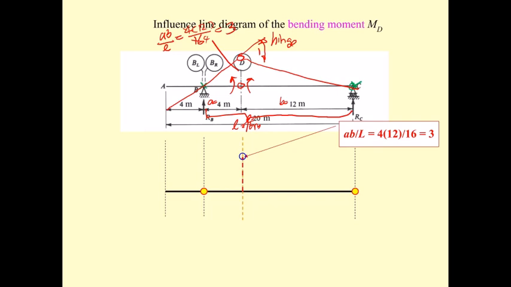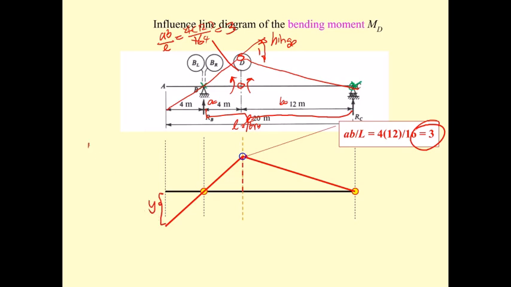Move it by a b over L, move everything by 3. And then the new shape is going to be like this. And since you know this is 3, you may find this y.